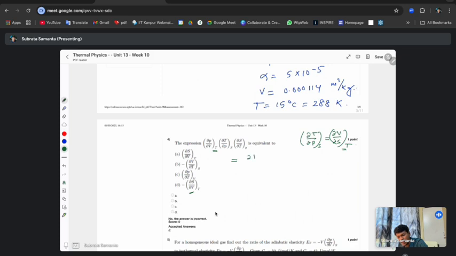So I replace the derivative where the constant is T, the same as this. One of the Maxwell equations is basically del V del S at constant T. Now the last one is as it is, del S del T at constant P.